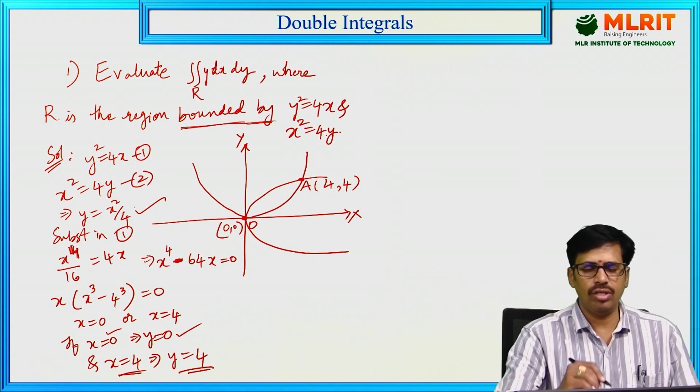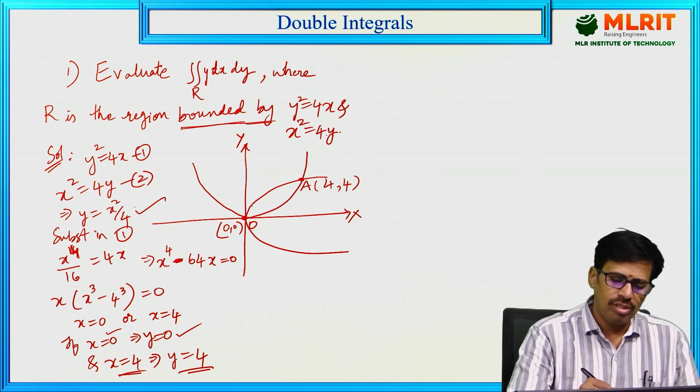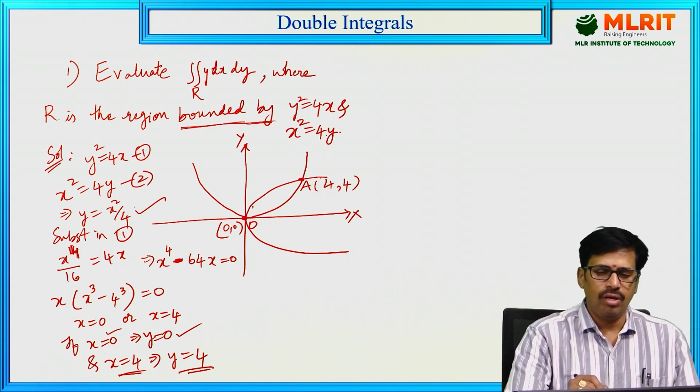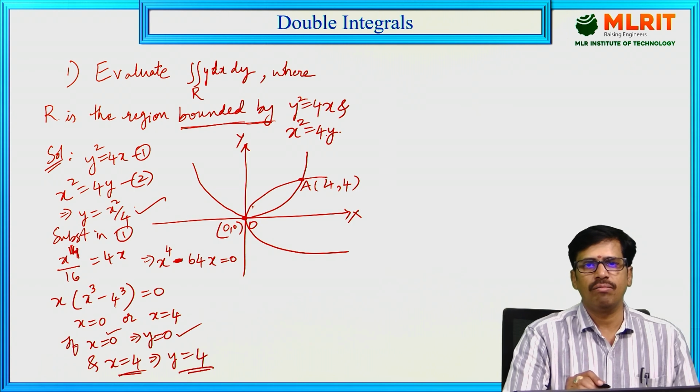Now we have got the region. This is the common region between these two parabolas. Whenever the limits are not given, we have to identify them based on the region.